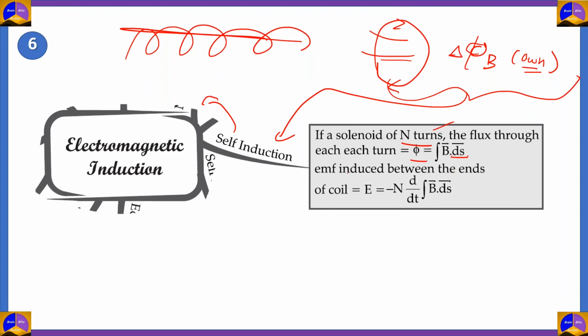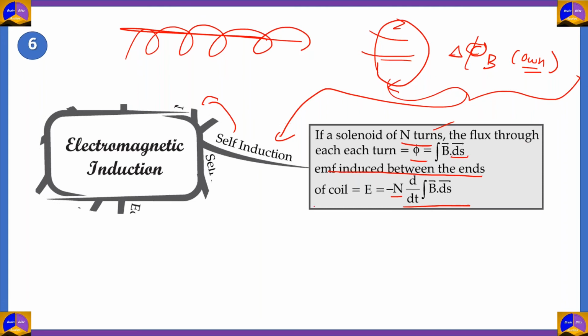Therefore, the EMF which is induced between the two ends of a solenoid will be equal to minus N times d by dt of the integral of B dot ds. So again, d phi by dt. So EMF is the change in magnetic flux times the number of turns, which is capital N.